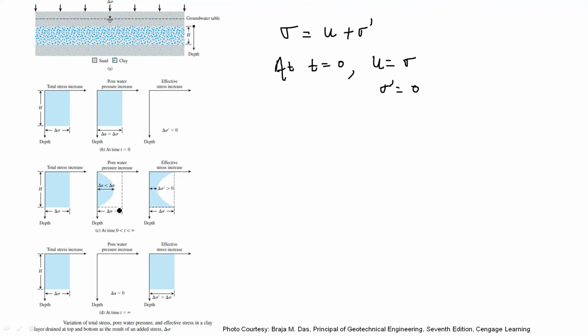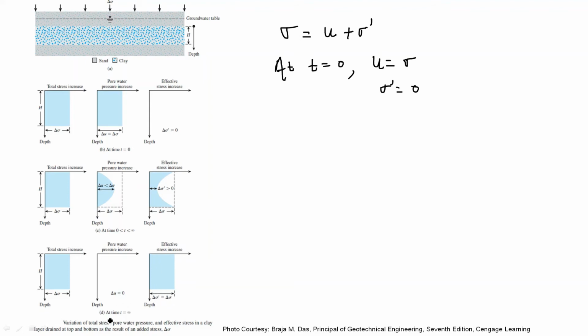So you can see in this figure, as the pore water pressure decreases, proportionally effective stress increases, and at the end of primary consolidation the pore water pressure becomes 0 and the effective stress becomes the total stress.